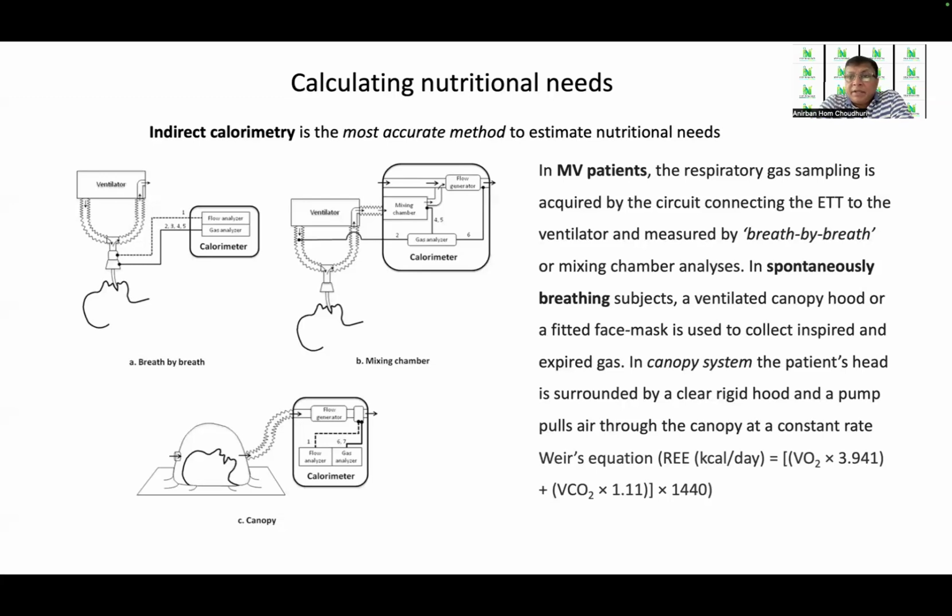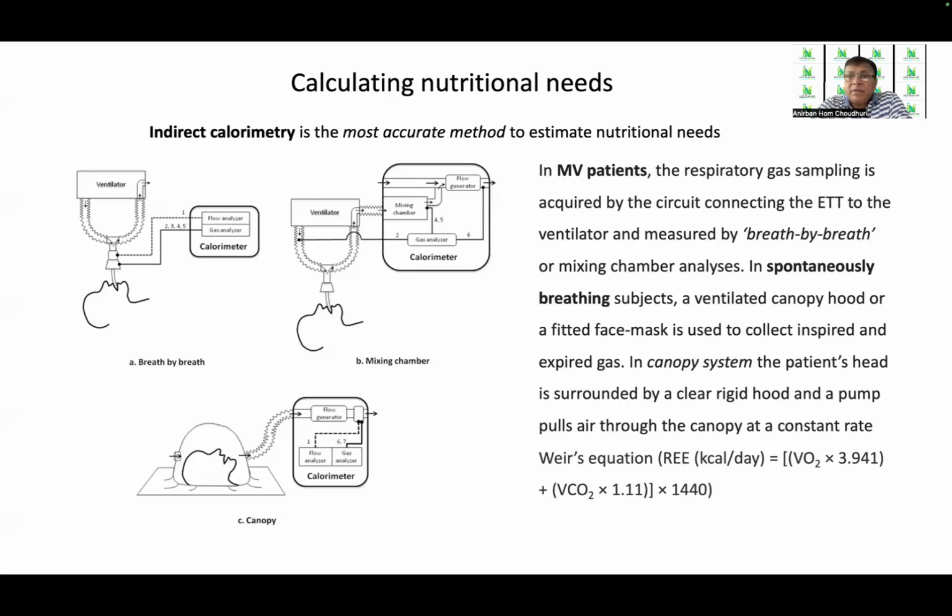However, the indirect calorimetry methods are not less accurate, and in many cases, they are used well to calculate the nutritional needs. In mechanically ventilated patients, they rely on respiratory gas sampling, which is acquired by the circuit connected to the endotracheal tube or the tracheostomy tube to the ventilator, and is measured by a breath-to-breath or mixing chamber analysis.